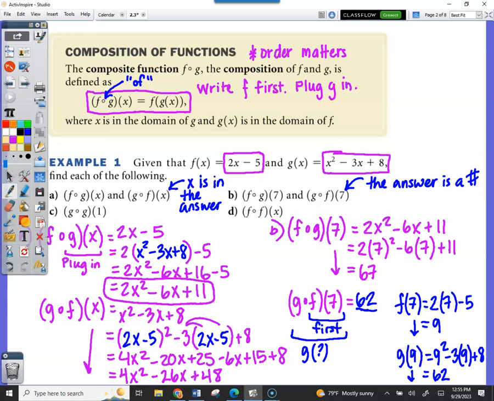So it's a domino problem. It starts with the innermost, then you take that, plug it into the outermost, and that's your answer. Okay? And either method works. I have no way of knowing which method you use on the test. So either one works. Okay?